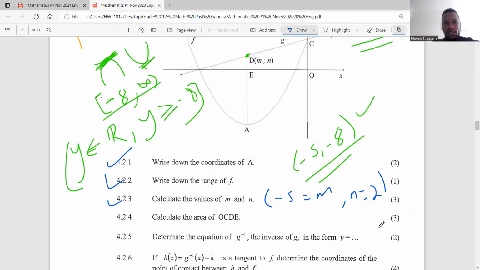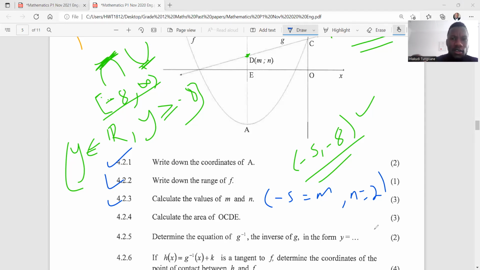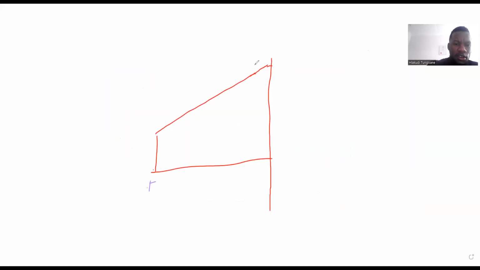Okay, so this is E, this is E, O, C, D, and they want us to get the area for this.